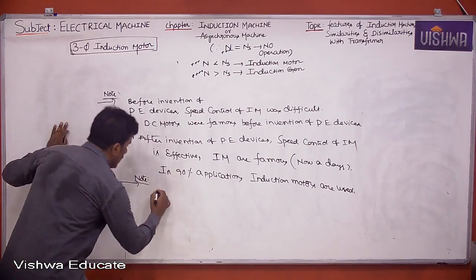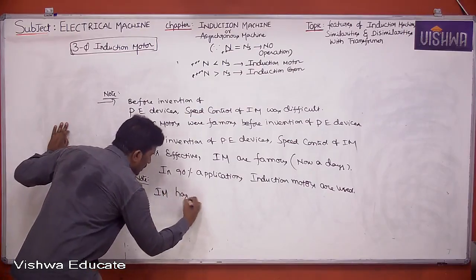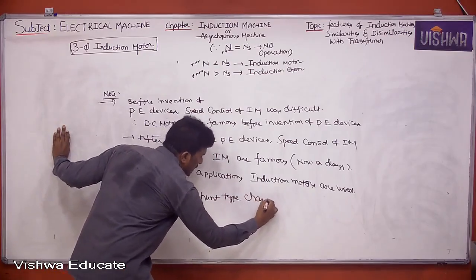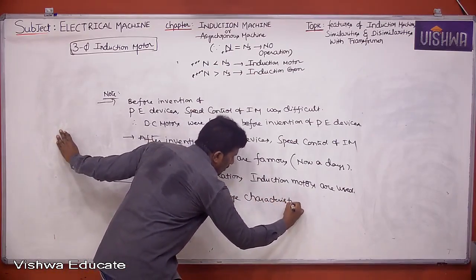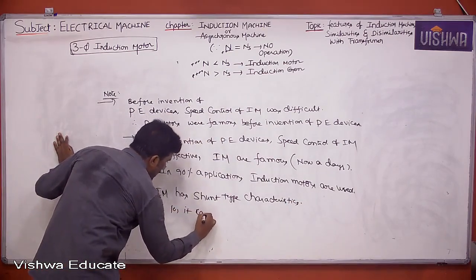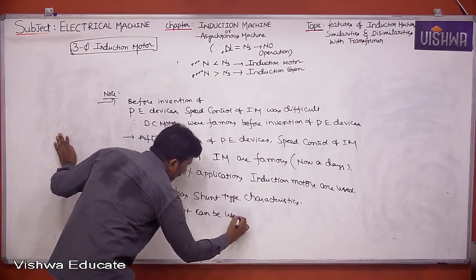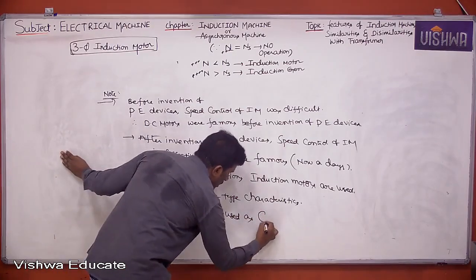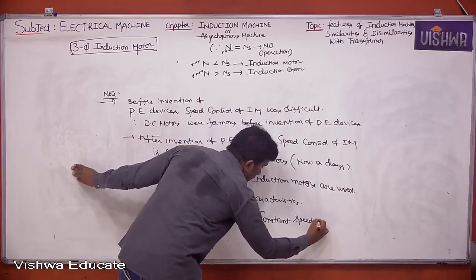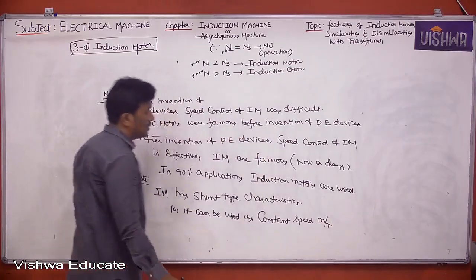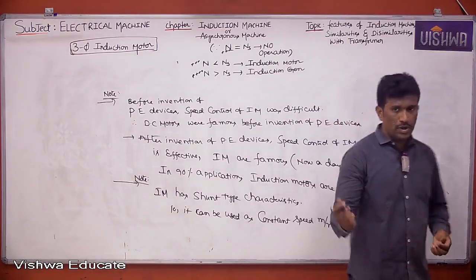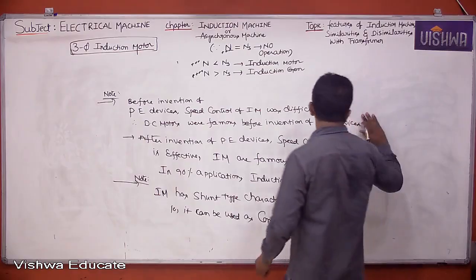Let me write that point here: the induction motor has shunt type characteristics, that is, it can be used as a constant speed motor.